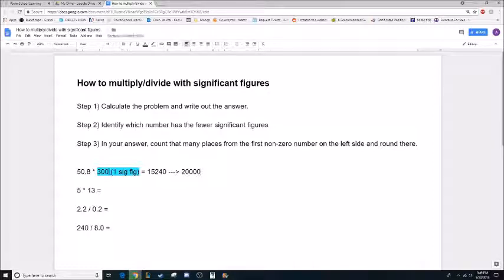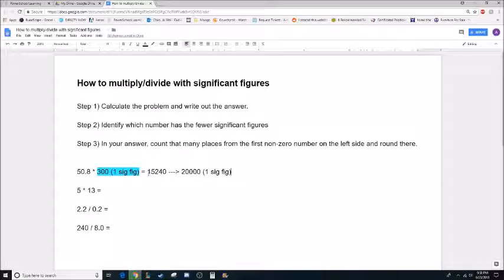So this way, my answer has 1 sig fig, just like my number with the least number of sig figs. That was the goal, to make it the same number of significant figures as the number with the fewer significant figures. And that's what I did.